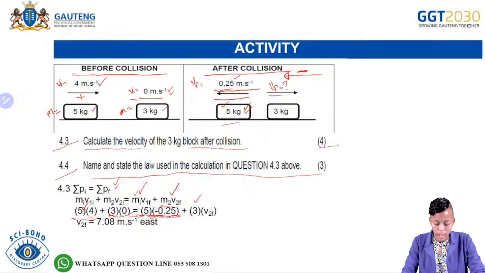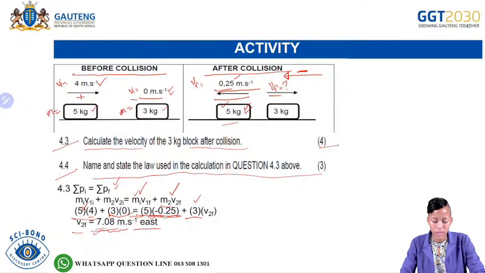Then whatever answer you have, you divide on both sides by the 3. From there, that would give you your final velocity. Remember, we said that if we are going to get a positive answer, it will indicate east, or to the right.